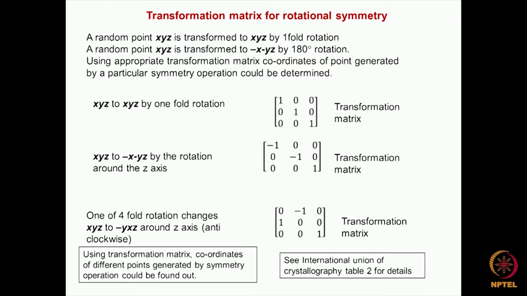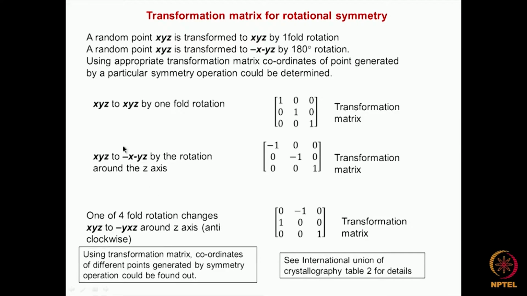Then, using the formula which I had given earlier in the last class, one can generate all the corresponding symmetry related points, whether it is for a rotation, a reflection or an inversion.